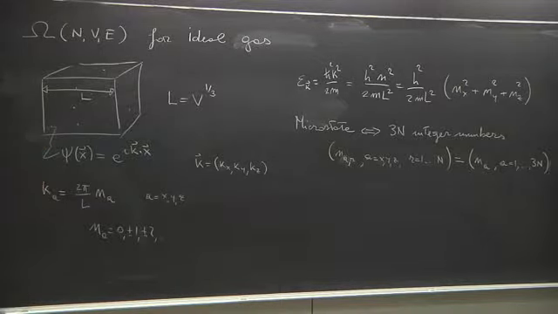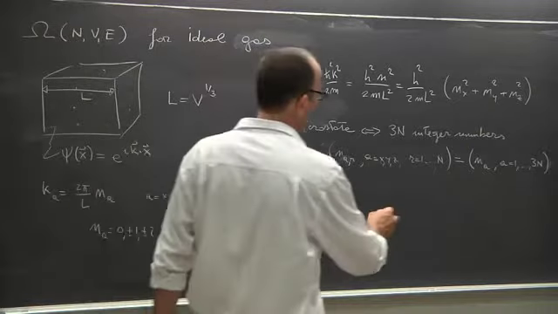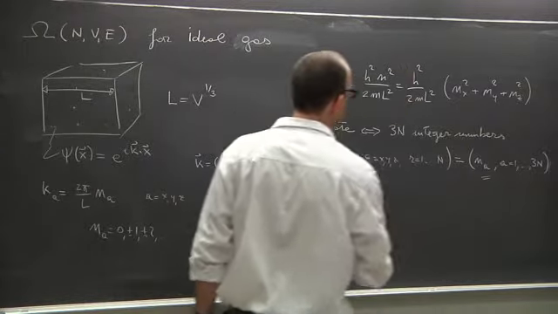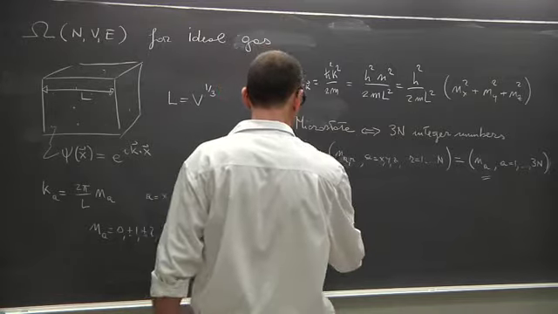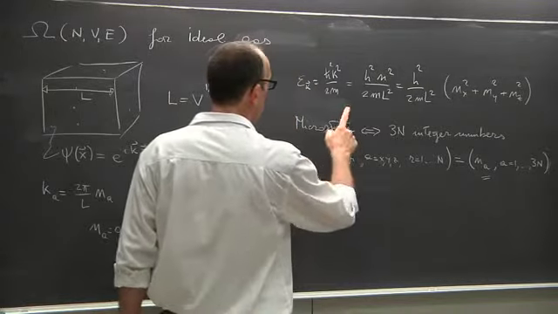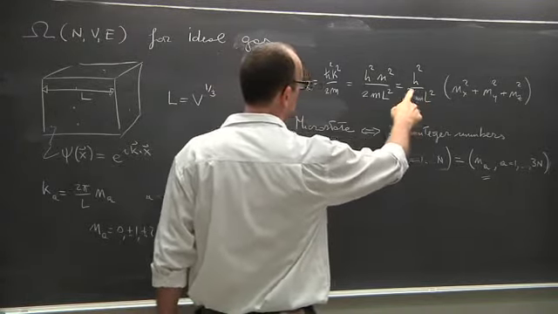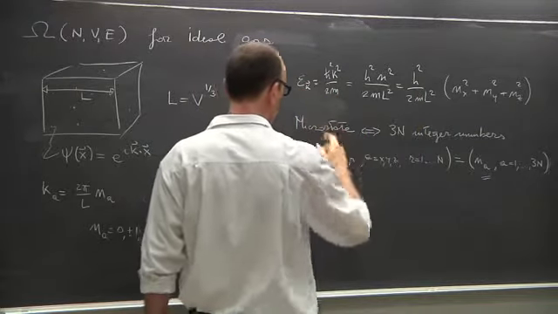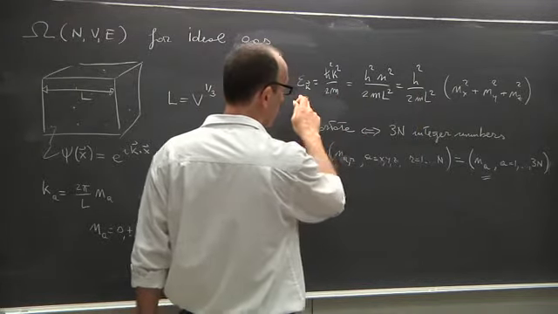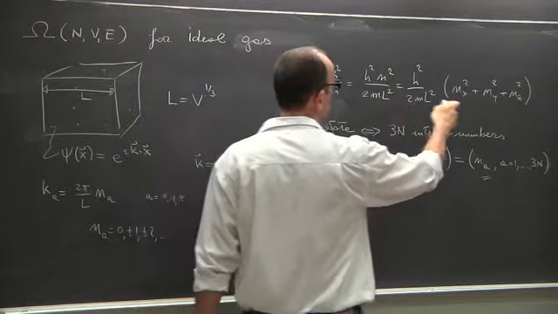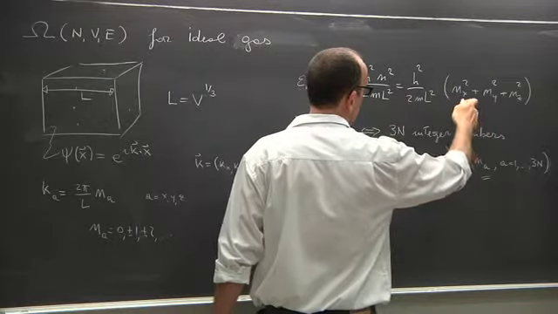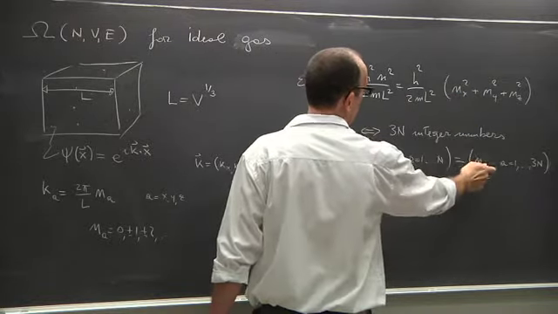And in terms of these 3n integers, my total energy will be just the sum of these energies over all the particles. So it will be the sum of this term over all the values of a.